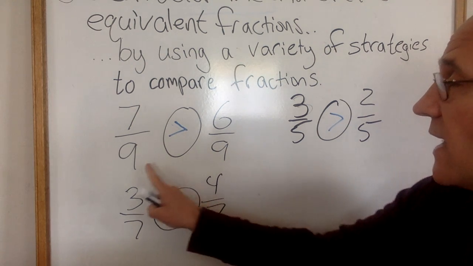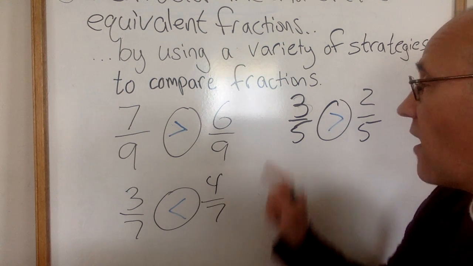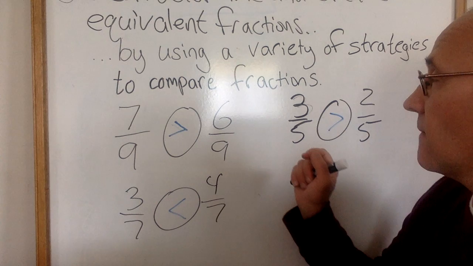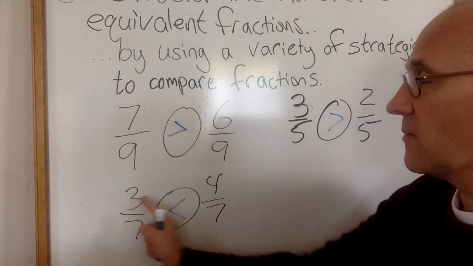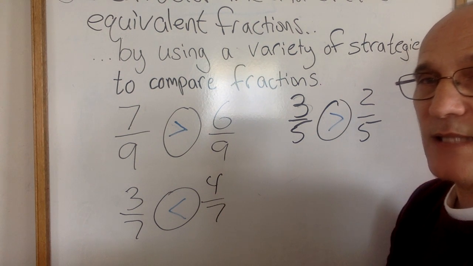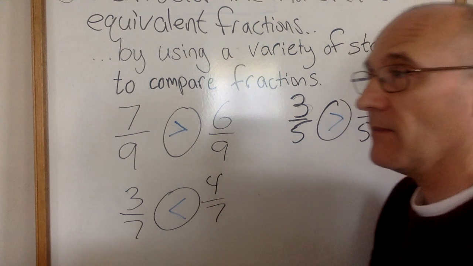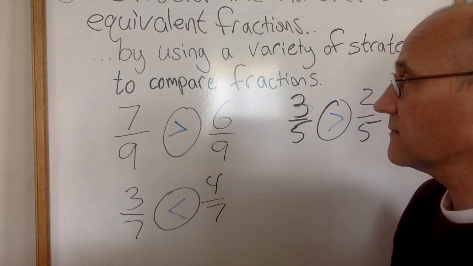All right, so whenever you have a common denominator to compare, all you have to do is look at the numerators. If the numerator is greater than the other numerator, it's greater than. If the numerator is less than the other one, it's less than. And that's because the size of the pieces are the same. So the more pieces you have, the greater the size.